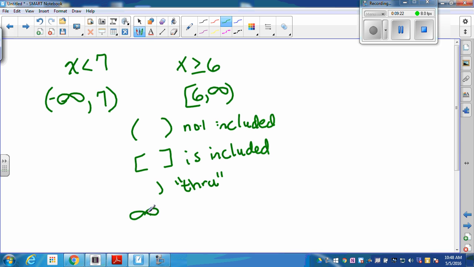Infinity and negative infinity, remember, mean that the values go on and on forever and we don't know what the largest or smallest values actually are. This is your basics for interval notation. Don't freak out. This is going to take some practice and we'll do plenty of that.